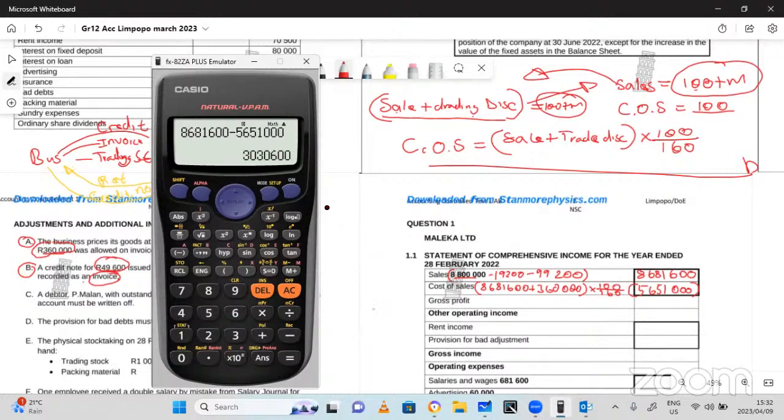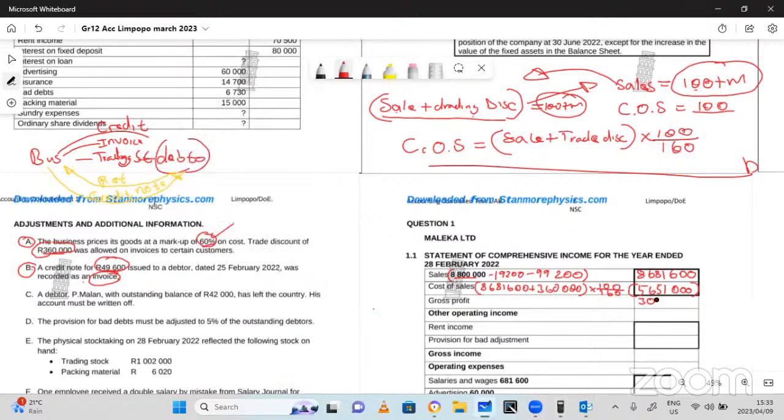Then you get 3,030,600. I hope it makes sense, guys. So we are done with the trading part of the business.